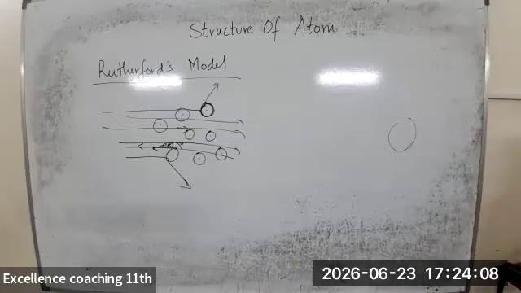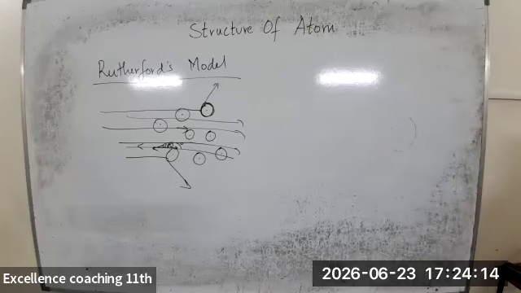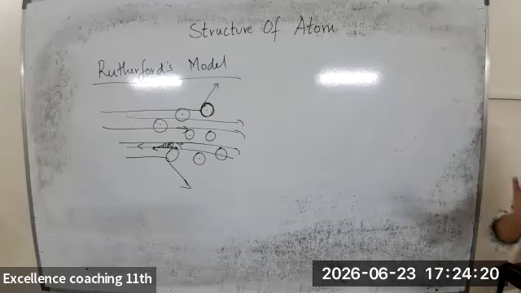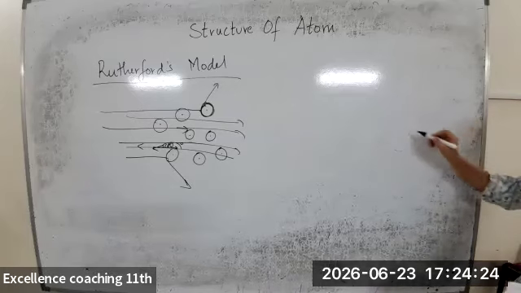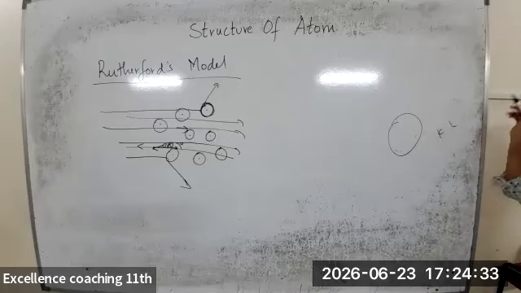Another drawback was the distribution of electrons around the nucleus. How are the electrons distributed around the nucleus? He just said that they are distributed in orbits, but he wasn't able to explain how many electrons each orbit will contain. That came up further on, saying that there are K, L, M shells.